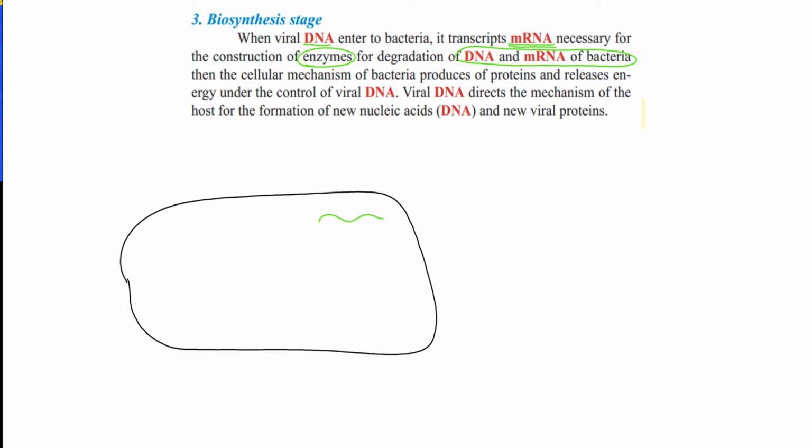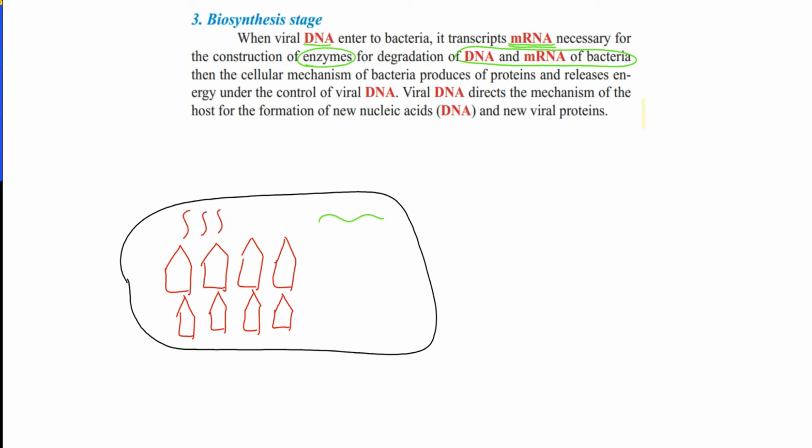Then the cellular mechanism of bacteria produce proteins and release energy under the control of viral DNA. Viral DNA direct mechanism of host cell for the formation of nucleic acid and new viral proteins. So many viral proteins like this are produced in cytoplasm of host cell after virus take control of cell, and pieces of genetic material DNA.